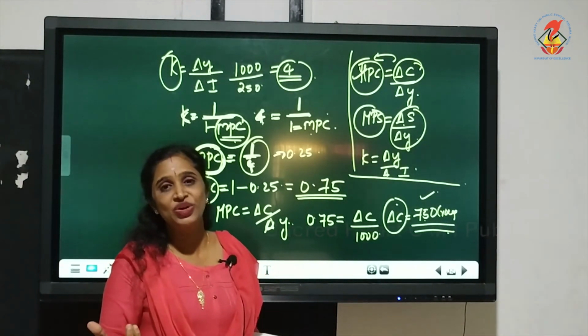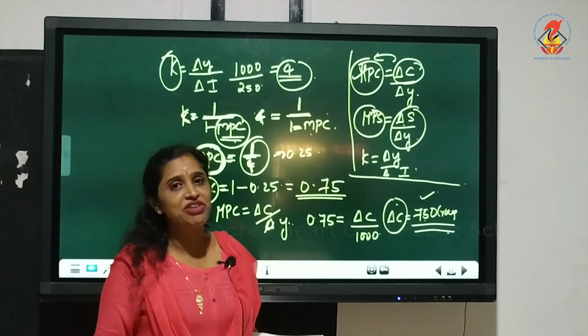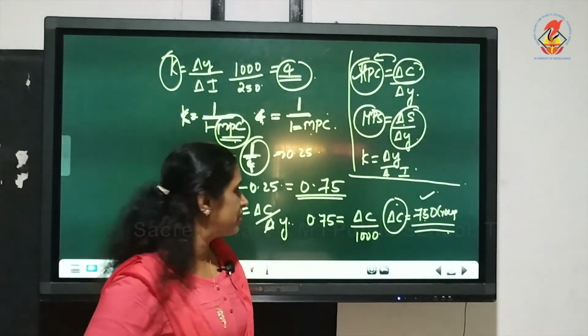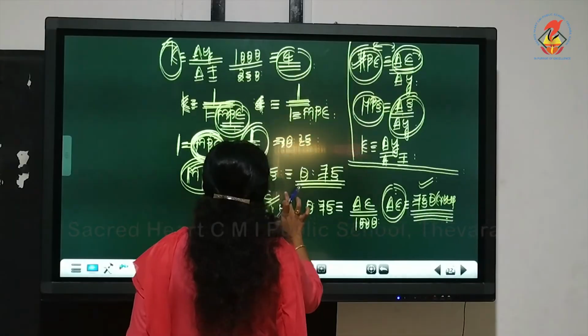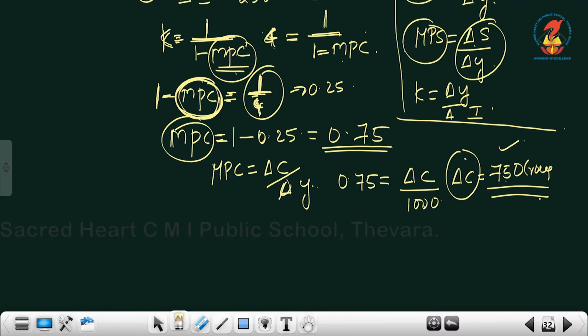But here there is no need of that. We can directly find out delta S. How can you directly find out delta S? In the same way you found for MPC, from MPC you can find out MPS. Then by using the formula of MPS you can find out delta S by delta Y. But all these processes need not be repeated here. Instead of that you can use this formula.